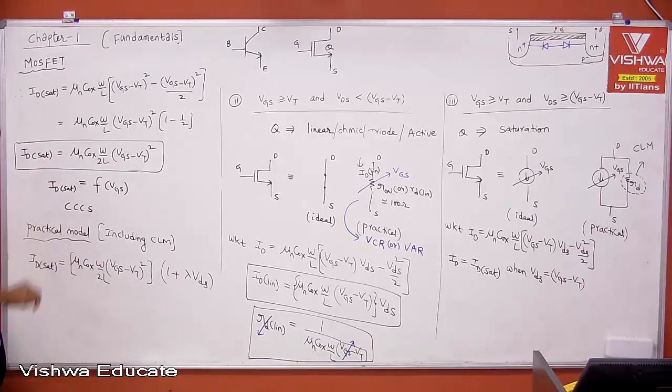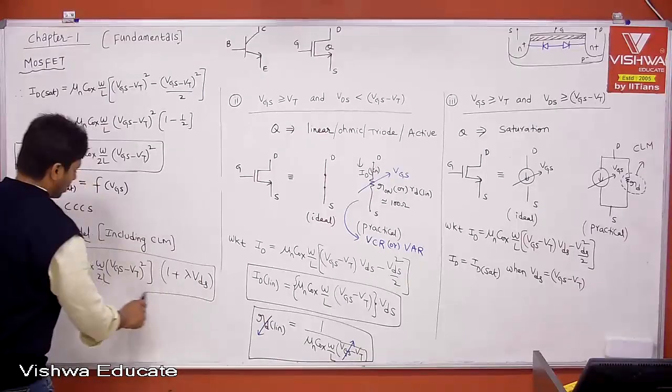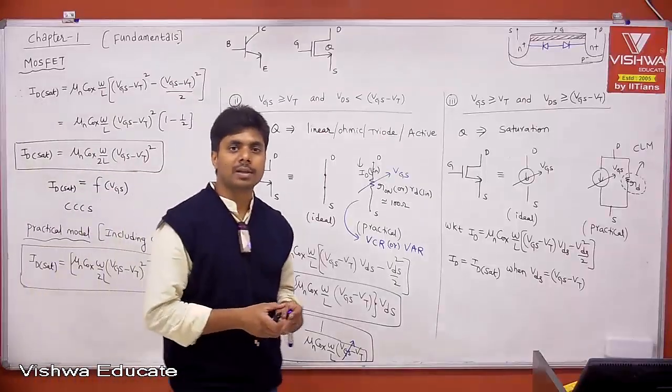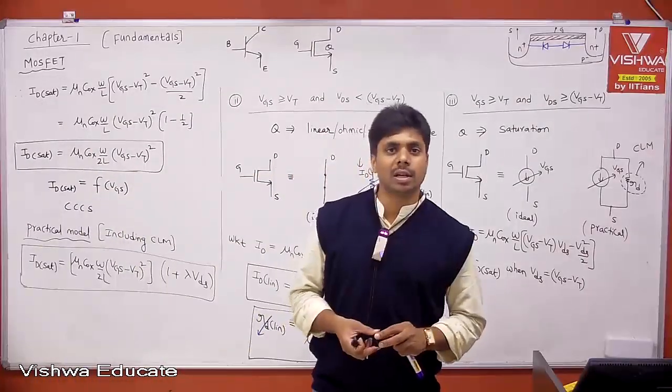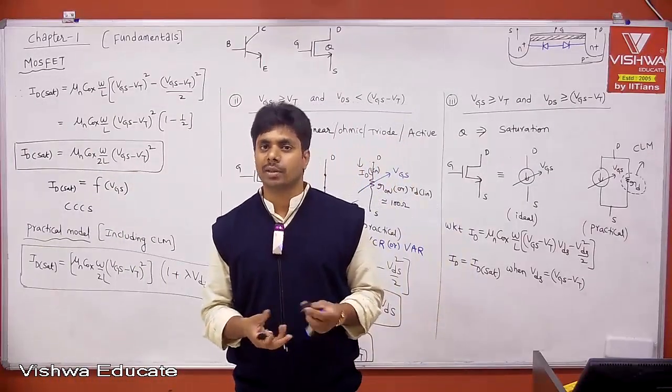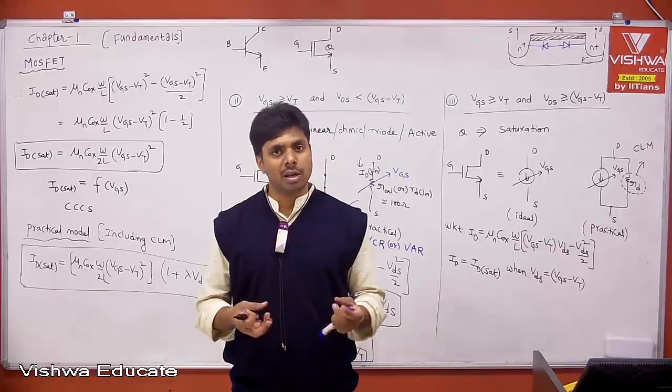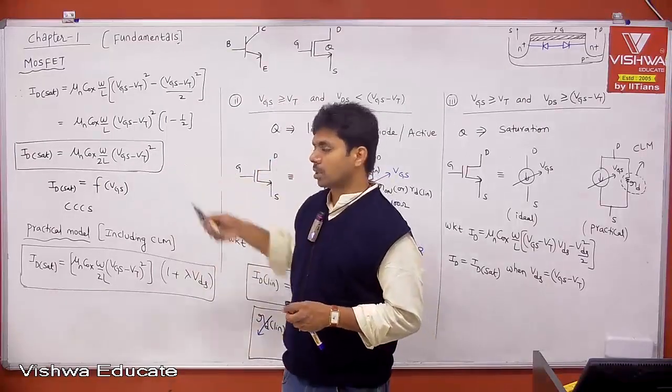If you take the ideal model, lambda is 0. In majority of problems, people say consider lambda is equal to 0. If lambda is equal to 0, there is no channel length modulation, and you can use this equation.